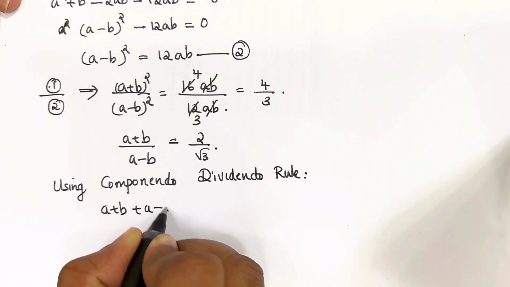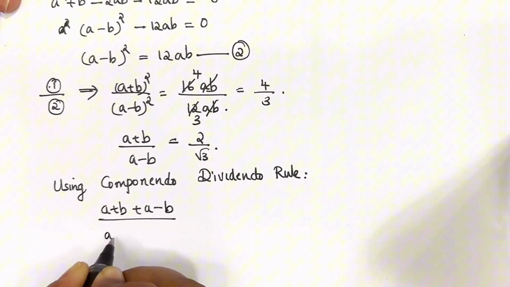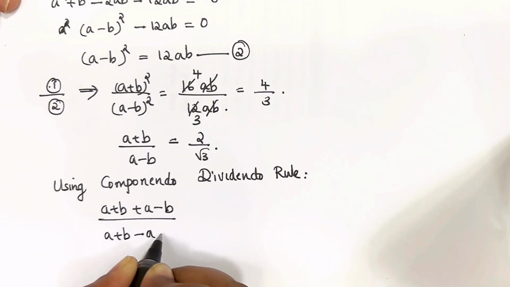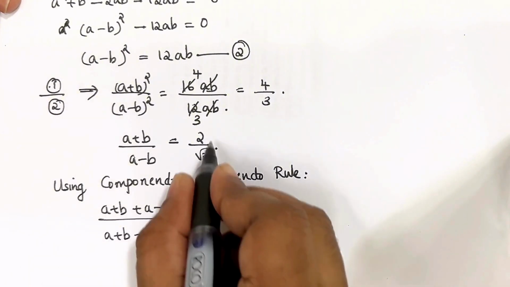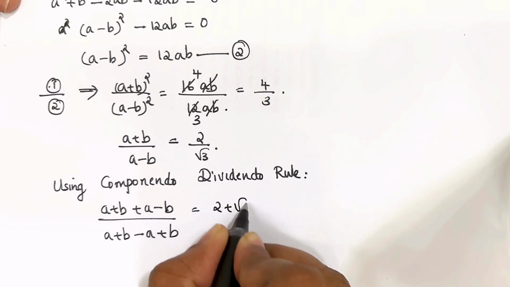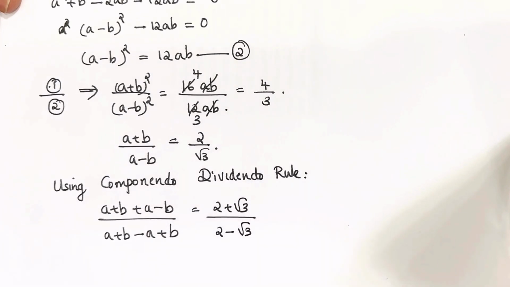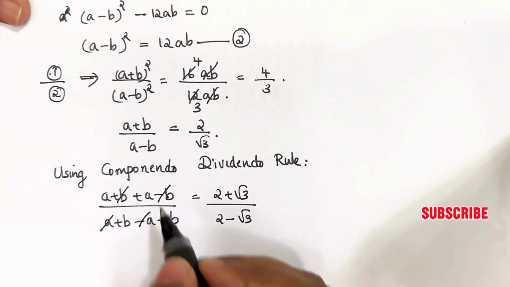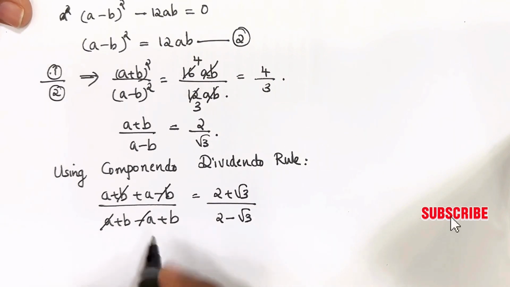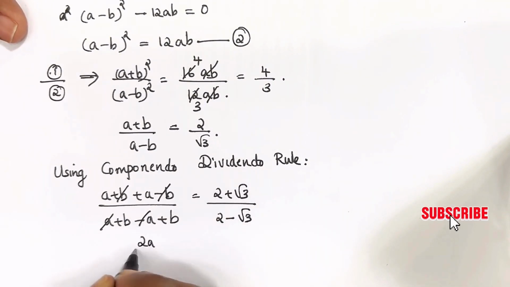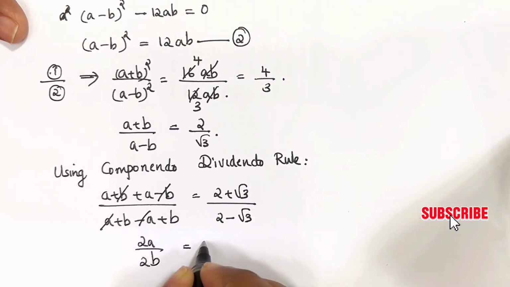That is, (a plus b plus a minus b) whole divided by (a plus b minus a plus b) is equal to (2 plus root 3) whole divided by (2 minus root 3). Add the terms and subtract the terms. Now simplify this. b and minus b cancelled, a and minus a cancelled. a plus a is 2a divided by b plus b is 2b, that is equal to (2 plus root 3) by (2 minus root 3).